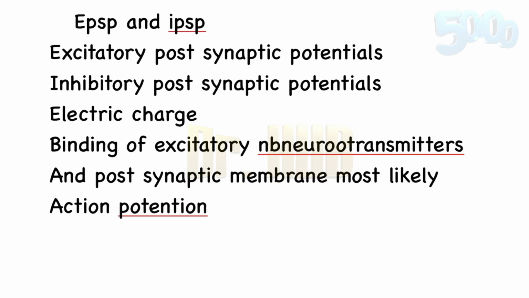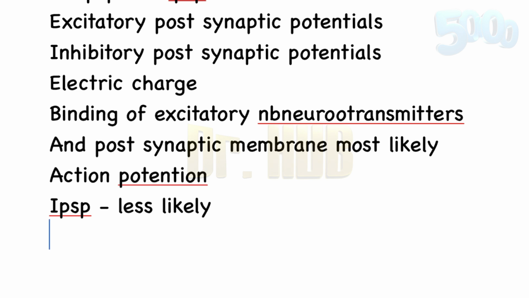Now IPSP is an electric charge on the postsynaptic membrane which is caused by the binding of the inhibitory neurotransmitters, and makes the postsynaptic membrane less likely to generate the action potential. So IPSP is inhibitory, so less likely to generate action potential, and EPSP is more likely to generate the action potential.